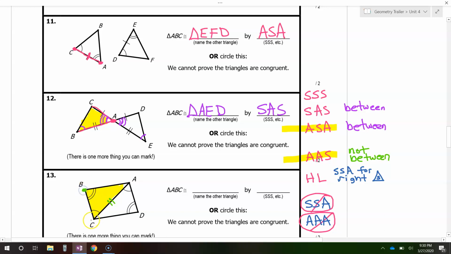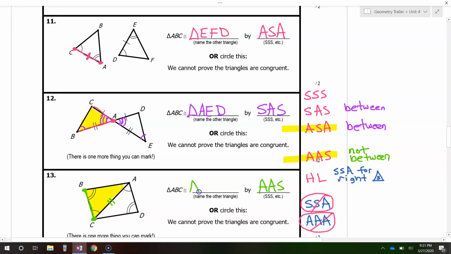Here's one angle that's marked. Here's the other angle that's marked. This is the side that is between those two angles. Notice that the marked side is something different. It is a side that is not between the two angles. So since it is not between, that makes it angle, angle, side. Angle, angle, side.